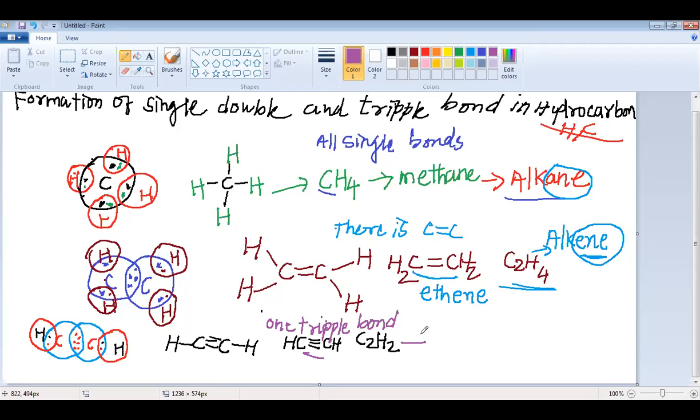And when we have one triple bond, we call them alkyne. So when you have one triple bond, my dear students, we call them alkyne, and that is why we will now give the name of this compound that we have formed here.